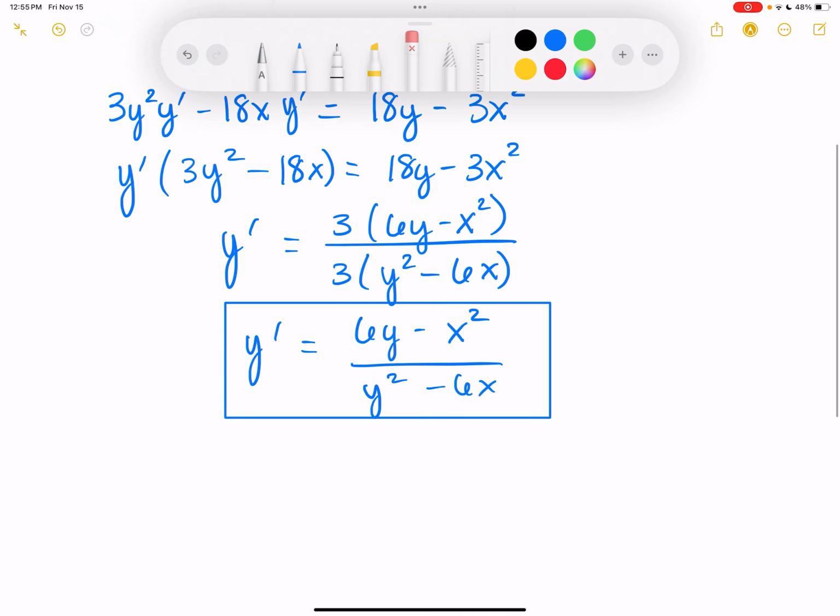All right, number 4. x squared equals (x minus y) over (x plus y).